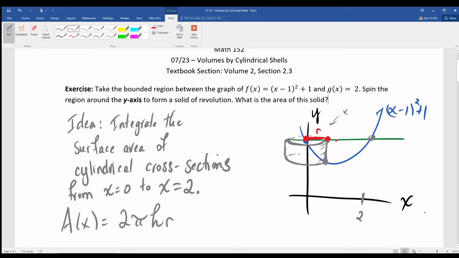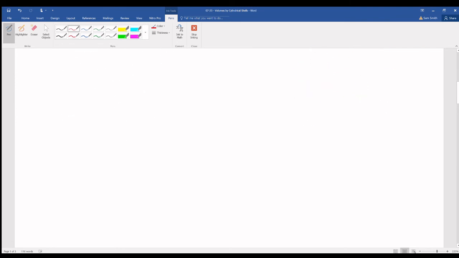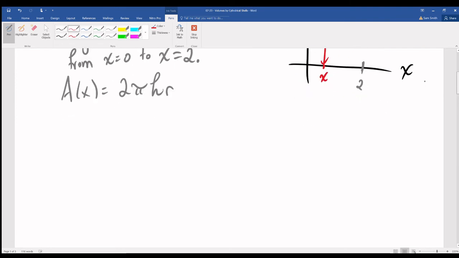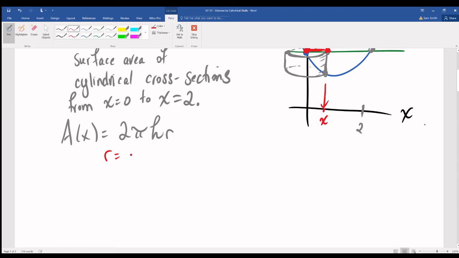But notice in this drawing, the distance between the center of the cylinder and the edge is exactly the same as this arbitrary x value at which we have taken our slice. The radius of the cylinder, r, is equal to the x value at which the slice is located. r equals x.